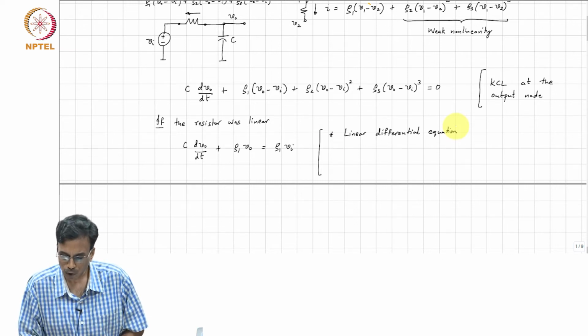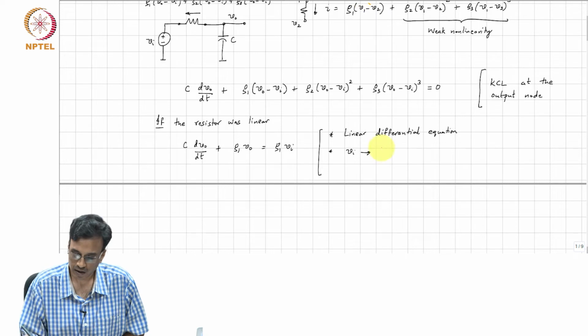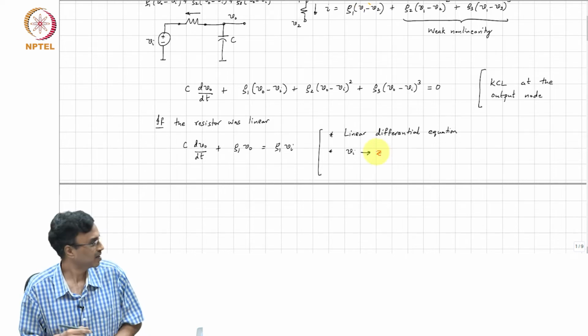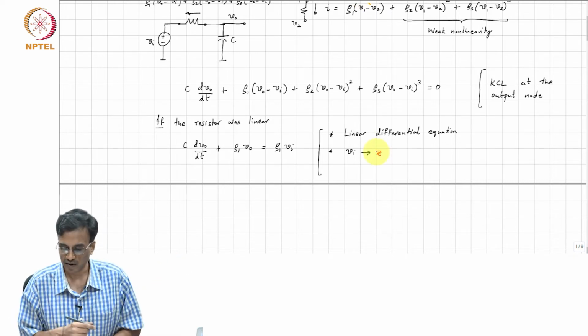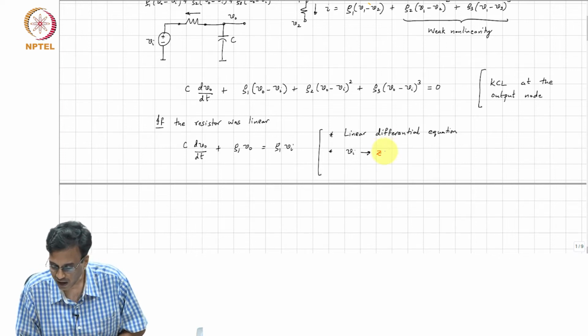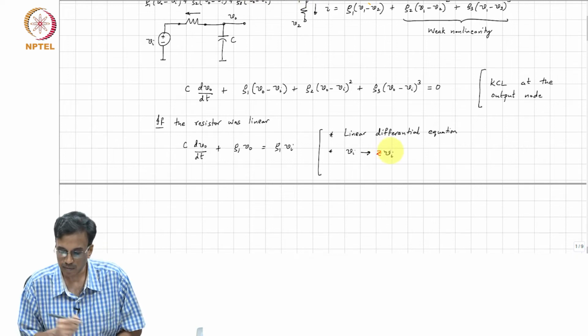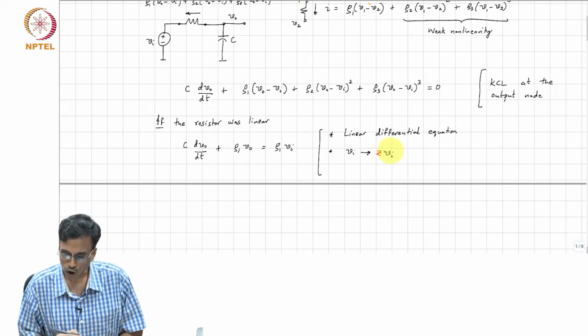Now, suppose Vi is increased to a number z, where z is some number. It is not to be confused with the Z transform or anything, it is just simply a number. If I scale Vi by a number z, what comment can you make?